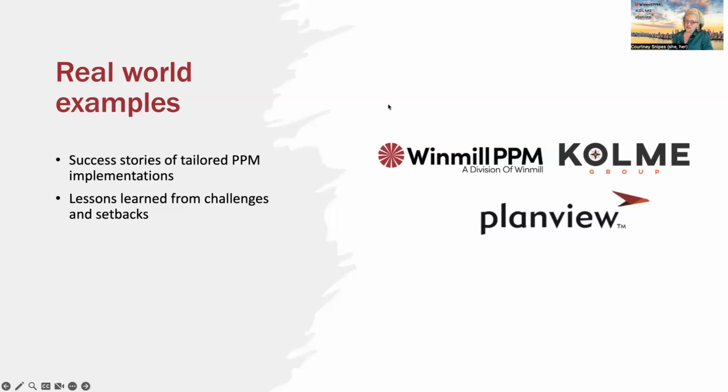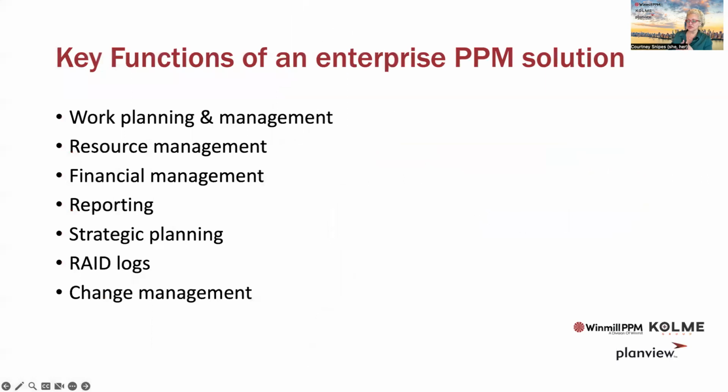So it really depends on, if we pop back over into your key functions, you're looking across all of these key functions, these all address different processes, different areas within your left to right.